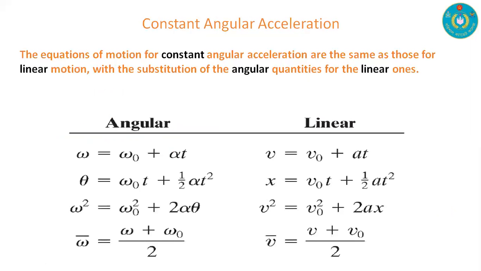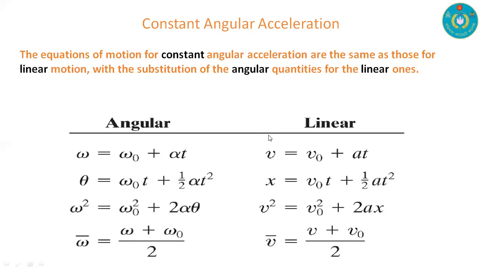For constant angular acceleration, the equations of motion are the same as those for linear motion, with the substitution of the angular quantities for the linear ones. For angular quantities we have this equation, and for linear quantities we have this equation.